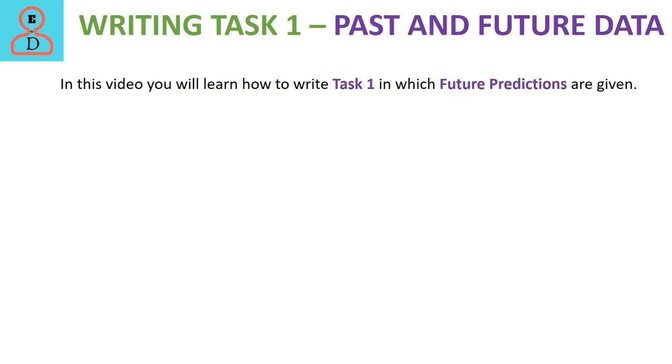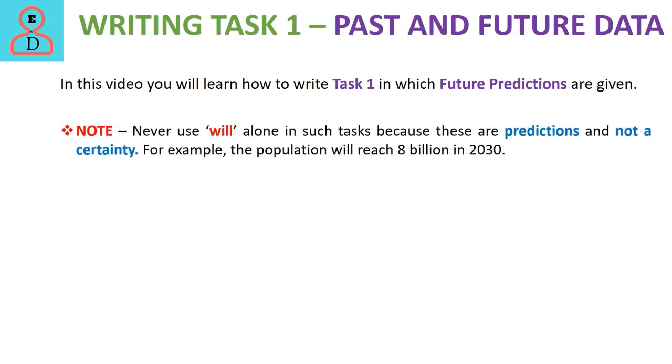The biggest mistake that students make in this type of task is by using the word will. Remember, you cannot use will alone for future data because will means that something is sure to happen.